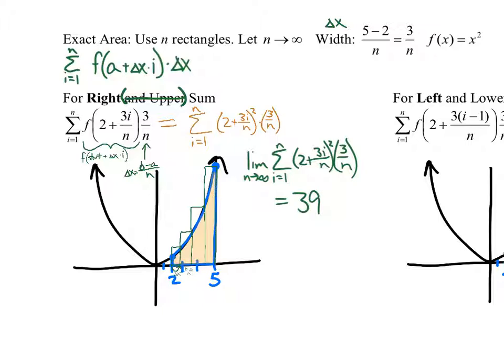Is it just x i times delta x? No, you have to do the a plus delta x times i. Because normally a is 0. And then you're plugging that into the function itself.